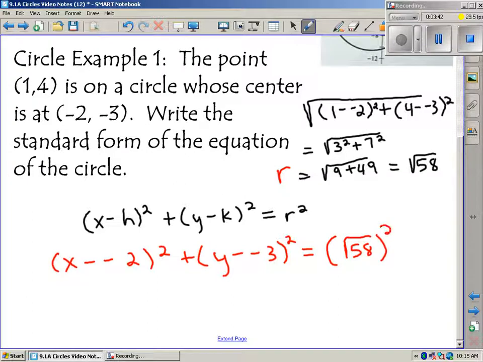So our final equation is going to look like this. We're going to have x plus 2 squared plus y plus 3 squared equals 58.